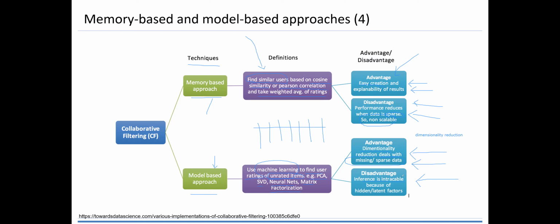What is meant by intractable? Sometimes we cannot explain it because it is hidden. There are some numbers that are not explainable, or sometimes we call them latent factors. Okay, latent factors, something that is already built, but the number is not explainable. So later we will look at examples of how to deal with this.